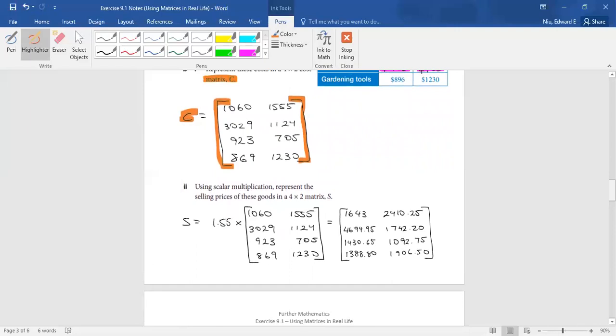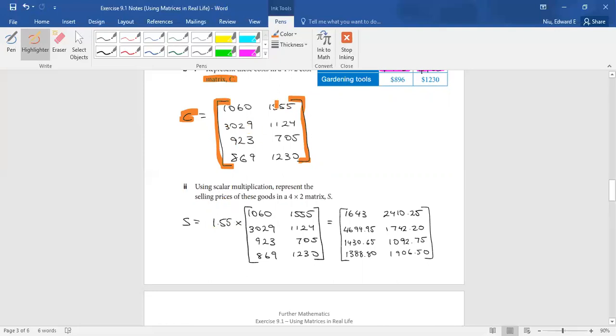Part 2 of the question says, using scalar multiplication, represent the selling prices of these two matrices in a 4x2 matrix called matrix S. So the markup is going to be what our selling price is. Remember with that bread example, if I made bread for $1 and I wanted to sell it with a 55% markup, that means the bread's going to be sold for $1.55.